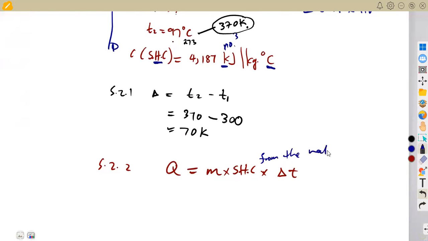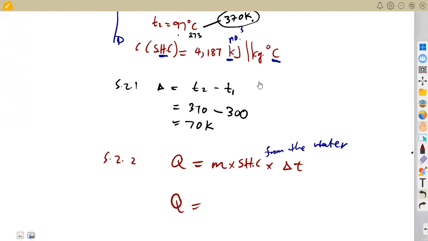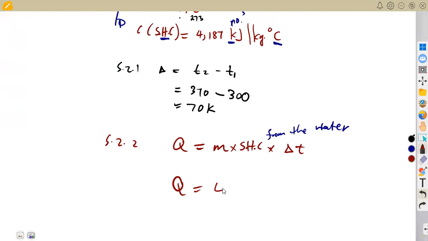That means we are going to use the mass of water, which is Q is equal to the mass of water. This is not the mass of fuel, which is coal. No, this one is the mass of water, remember. So I've got 400 kilograms, the mass of water, 400 kilograms times the specific heat capacity of water, 4,187 times 10 to the exponent of 3.